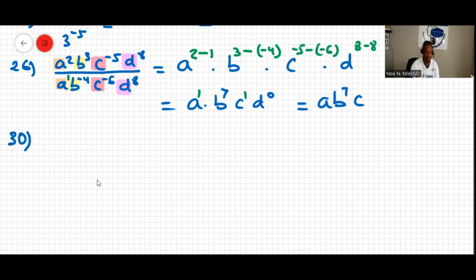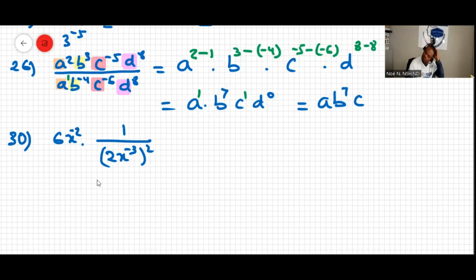Now question 30 is 6x squared multiplied by 2x to the negative 3, raised to the power of 2, all over 1. So it's 6x to the negative 2, that's what the question says.